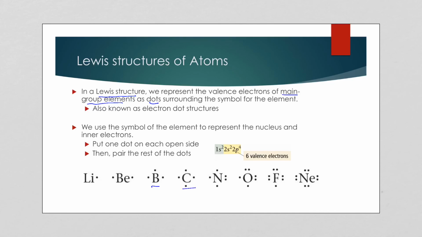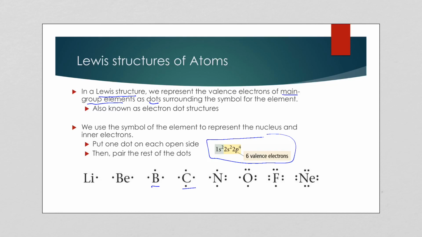Remember, we can use the group on the periodic table, the main group, to predict how many valence electrons. And we just keep going. Now, remember, when we did electron configurations, we can identify the valence electrons. So for oxygen, for example, its electron configuration is 1s2, 2s2, 2p4.